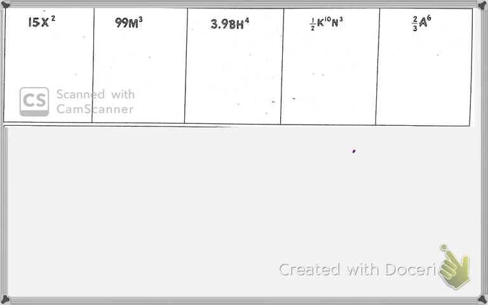We don't put that there, it's unnecessary, but it's 15 times x, and then because it's got a 2 exponent, that is squared. So we would write this as 15 times x squared, or raised to the power of 2. So I want you to try the other ones, pause the video, see if you can write them out in words, and then check yourself against my video.